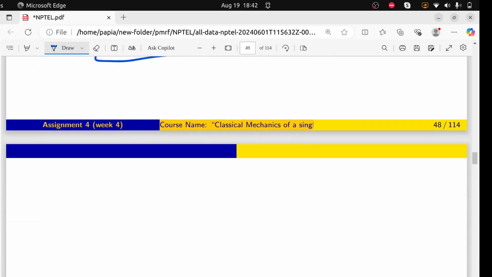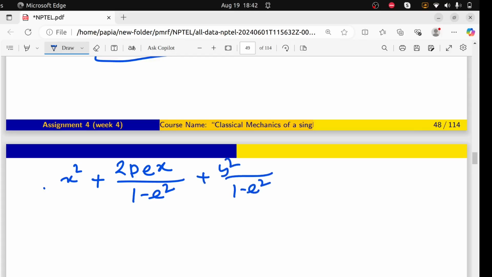So I had x square plus 2px divided by 1 minus e square plus y square by 1 minus e square equals p square by 1 minus e square.